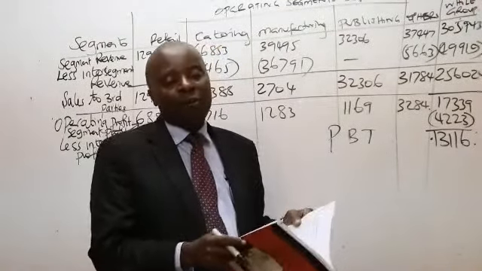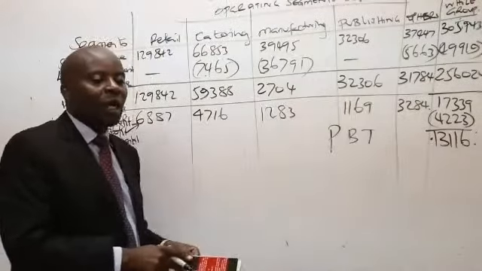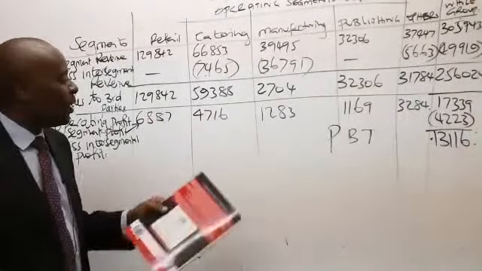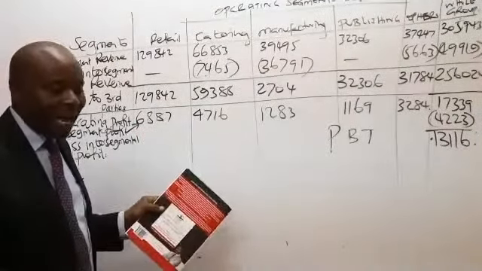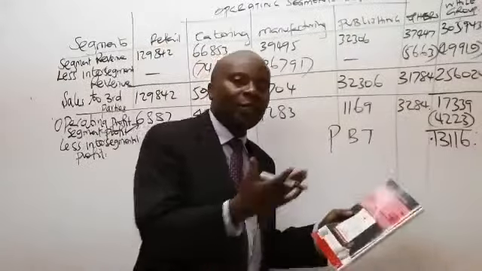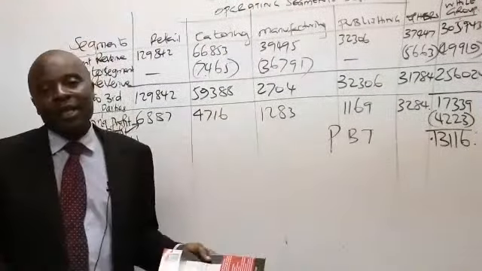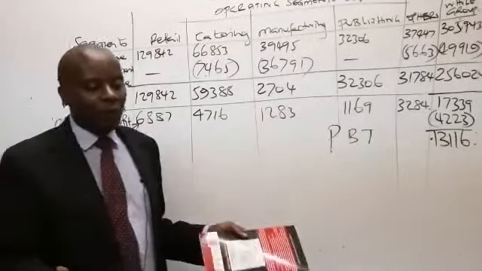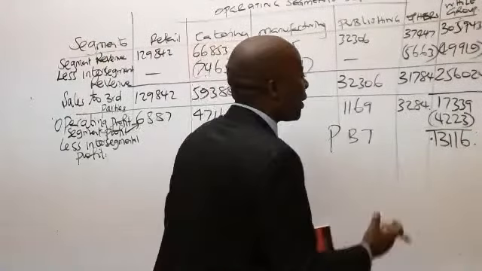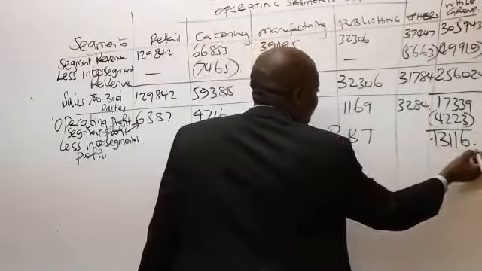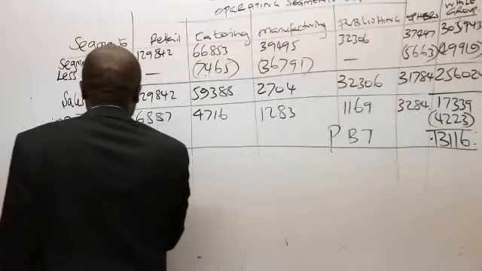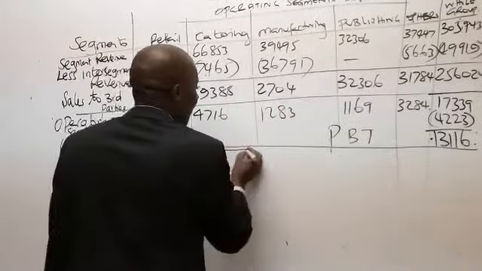So don't bring in the issue of other incomes. You'll get a zero in that section, because already the examiner has simplified our work by giving us the profit before tax. And that is it. You come and double underline. That section is over.